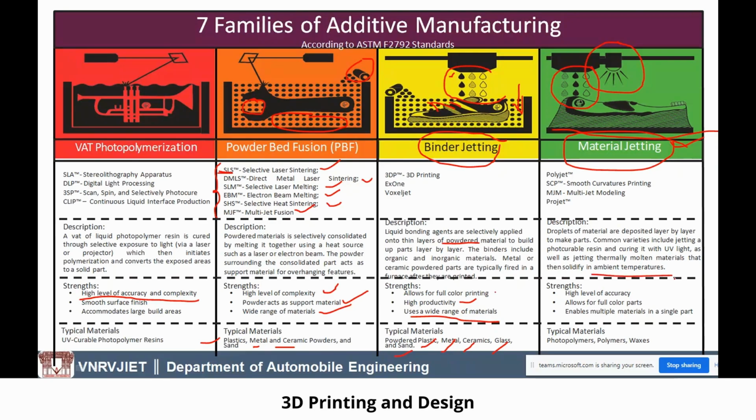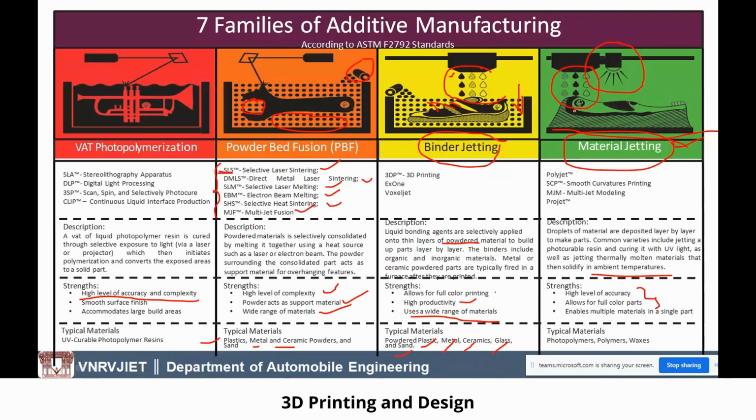The strength is high, and you get a high level of accuracy, and it allows full color printing. That's what you can see here. Here we are depositing different colors of binders, and here you can deposit or spray different colors of the powder, so that you can get a differently colored product, and it enables multiple materials in a single part.